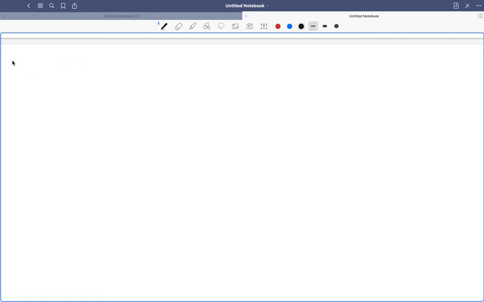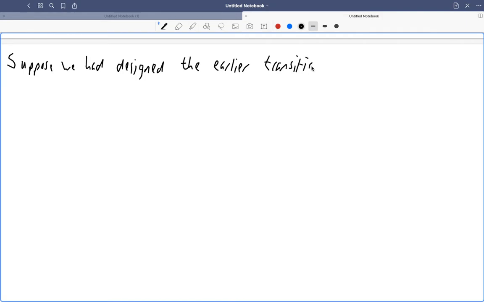So suppose we had designed the earlier transition system as an example protocol, if you like, for mutual exclusion.